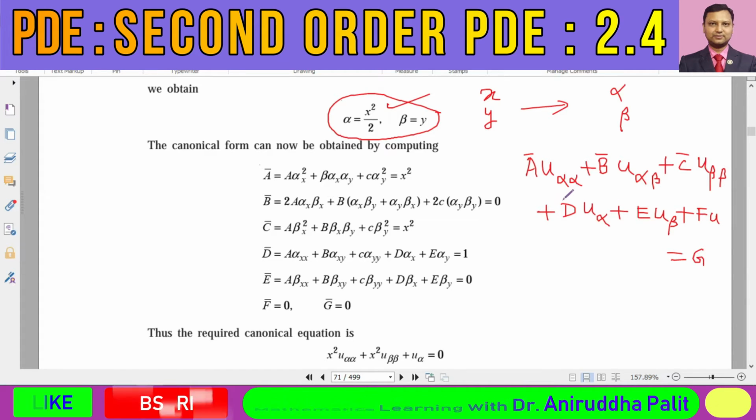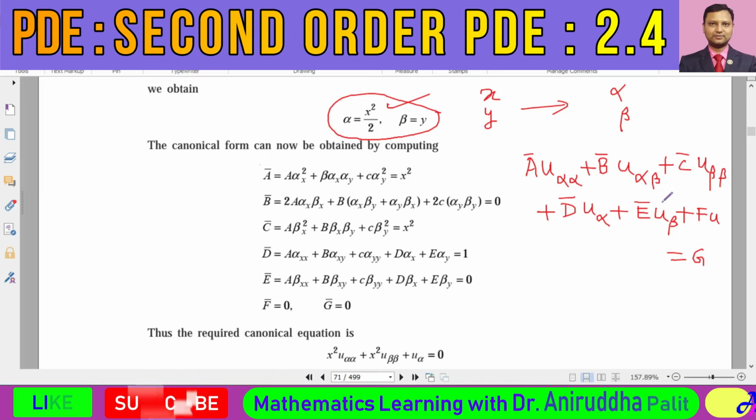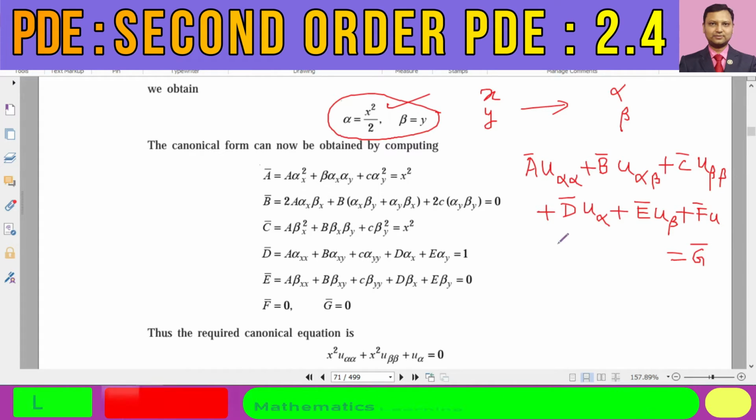Everything has to be written in terms of bar. So that would be the final partial differential equation.